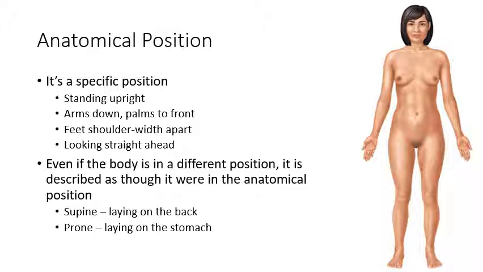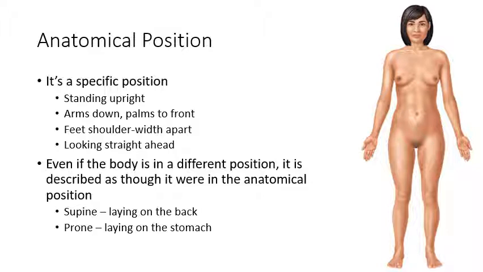When we are talking about structures in anatomy and where they are in the body, we always assume that we're talking about a person who is in the anatomical position, which is a person standing upright with their arms down at their sides and their palms turned out to face towards the front, with their feet shoulder width apart and their head looking straight ahead, so their neck's in a neutral position.